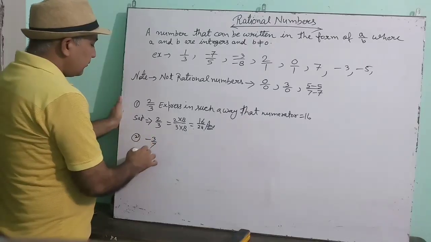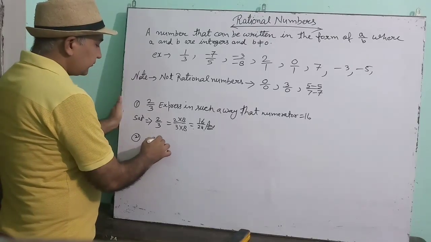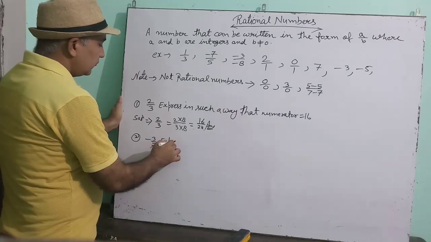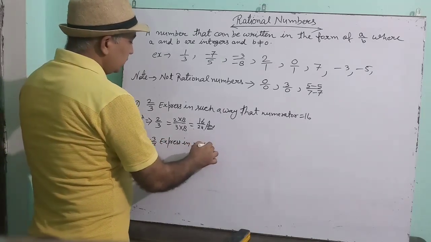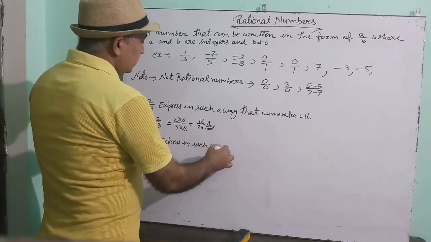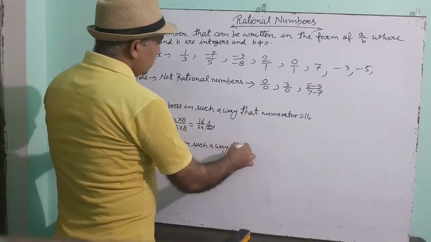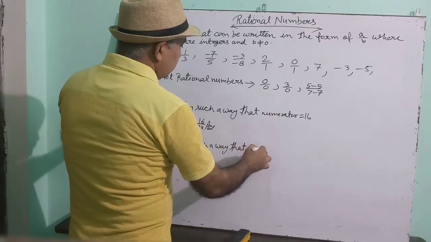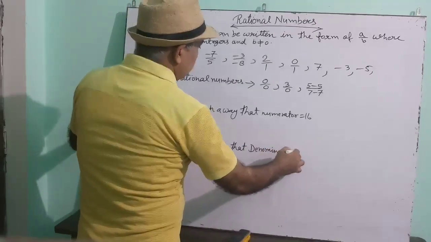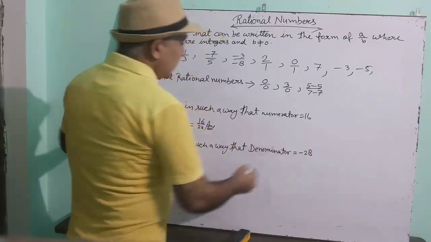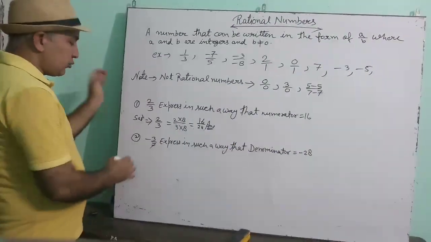Now see one more example. Suppose you have minus 3 by 7. Here denominator should be minus 28.